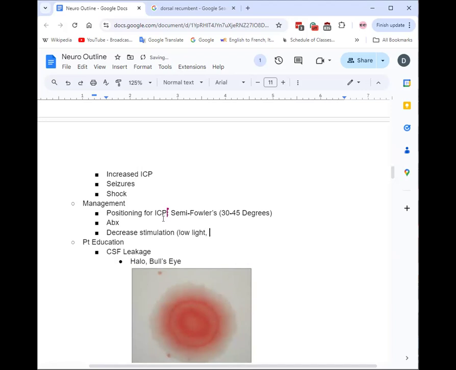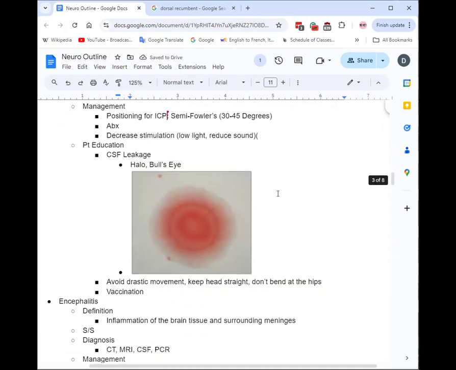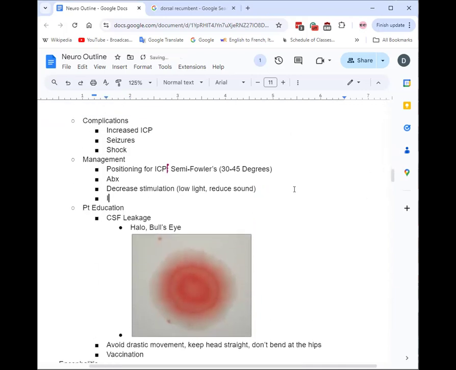Sound, yeah. Reduce sound. So that's called photosensitivity, and the other one's called phonosensitivity or phonophobia. Whichever one, just know phono means sound. You're also going to want to have IV fluids. For the most part, people with infections want to have IV fluids running.